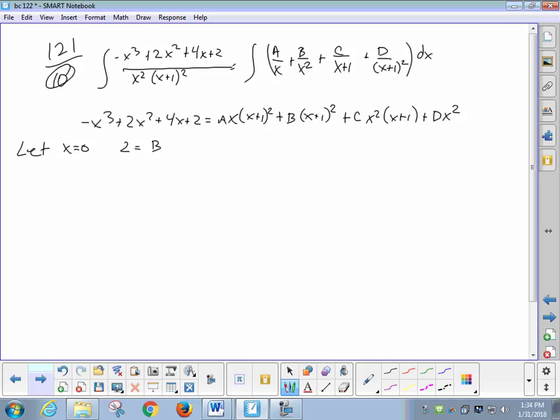Boom. Okay? If you let x equal negative 1, then you get what? On the left, 1 plus 2 minus 4 plus 2. On the right, you get nothing, nothing, nothing, D. So D is 1, right? Okay, so I'm going to put those in so I don't forget and think I have more variables than I do.